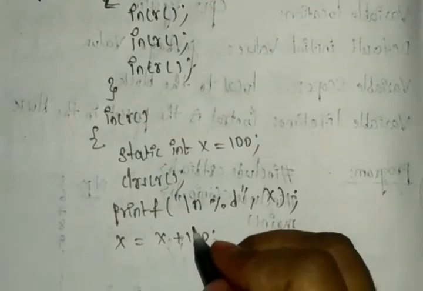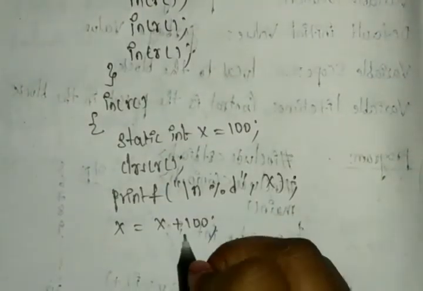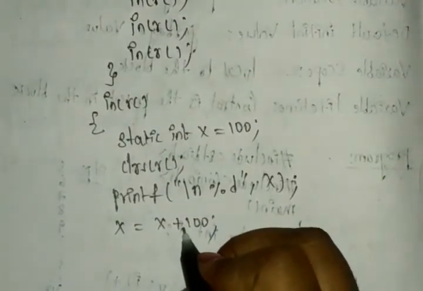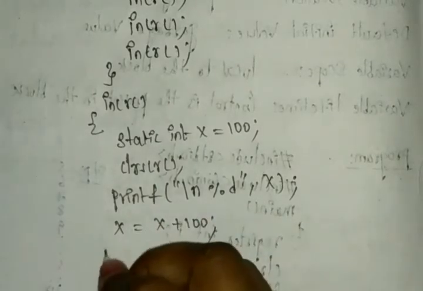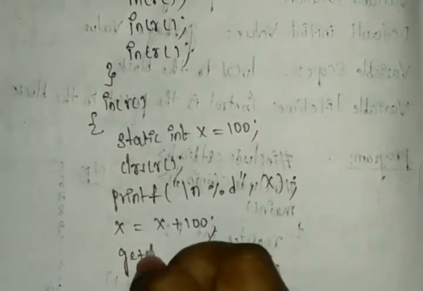That means whatever value you have will be incremented by 100. Next, get the value from this and perform the return. Once you execute this, first it gives the output 100, after that it gives 200, after that it gives 300.